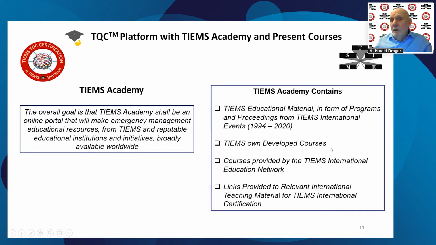We have developed our own courses, and we will also provide courses by the TIEMS International Education Network and provide links to relevant international teaching material for the deepening of learning for the candidate.